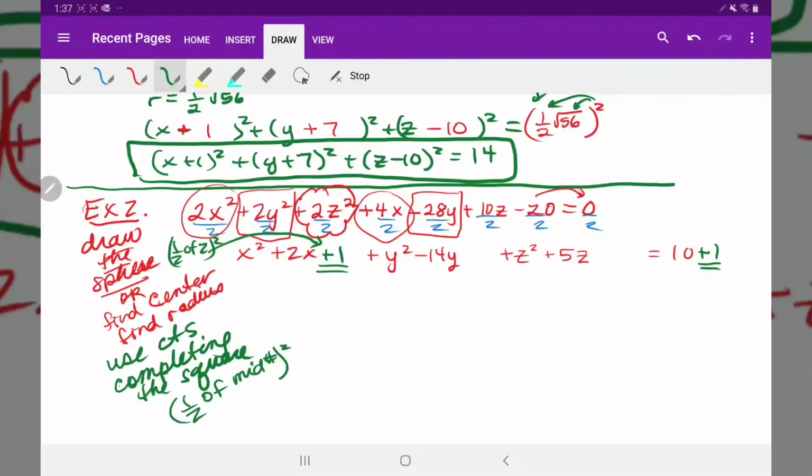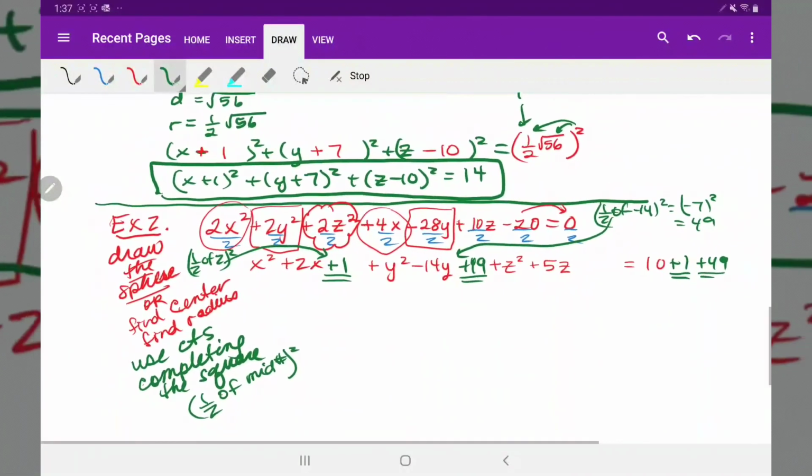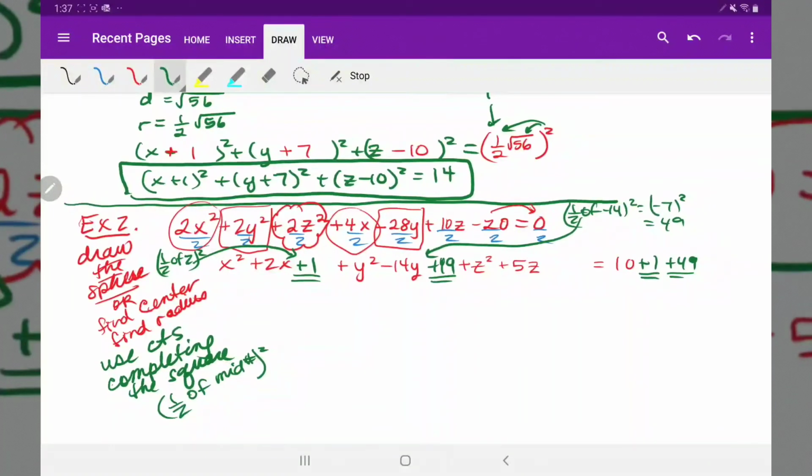So let's go up here and do that. That's 1/2 of 5 and then squared. So that's 1/2 times 5 over 1. 5 over 2 squared is 25 over 4. So where do you put the 25 over 4? You put that here, and then you put that here. You have to make sure you also put it on the right side.